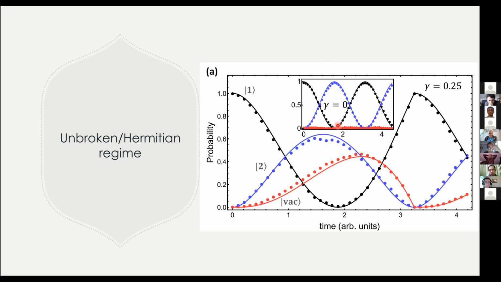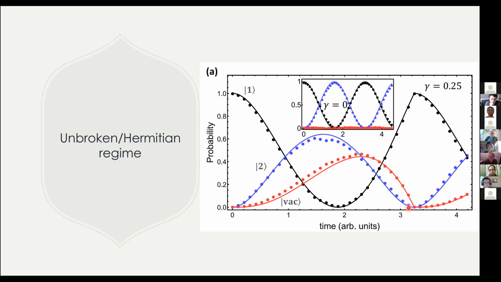It's just the Pauli X Hamiltonian. Then whenever you introduce a non-Hermitian term, i gamma, where gamma is 0.25 and the critical point is gamma equal 1, it's still periodic, but you start to see the oscillation change slightly, and the output of the second mode decreases in probability.